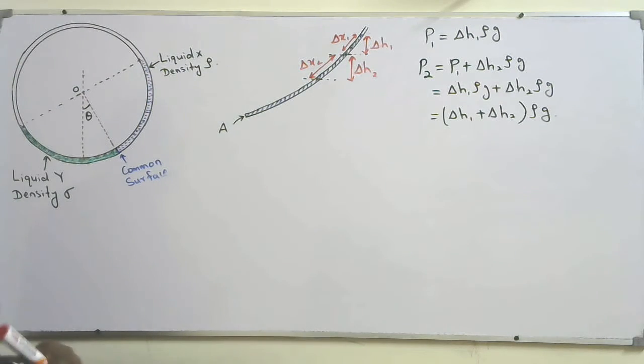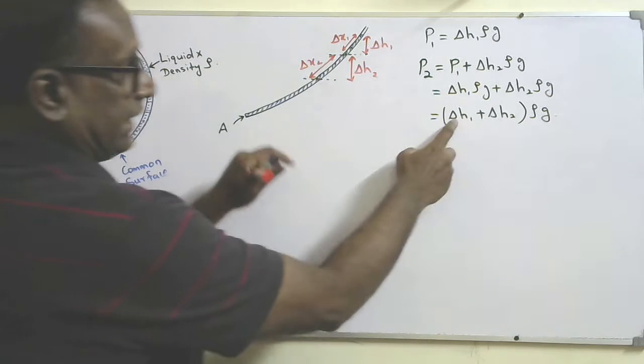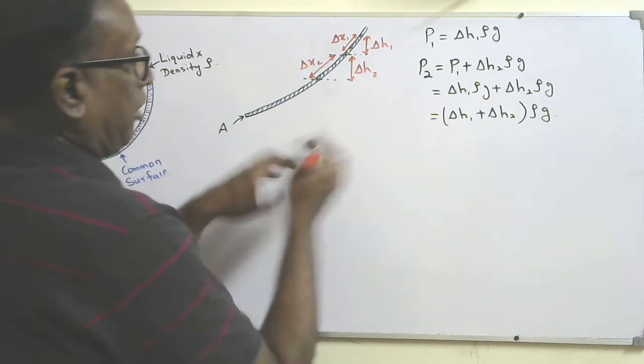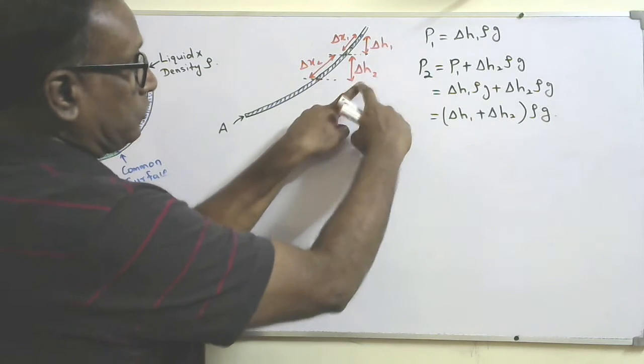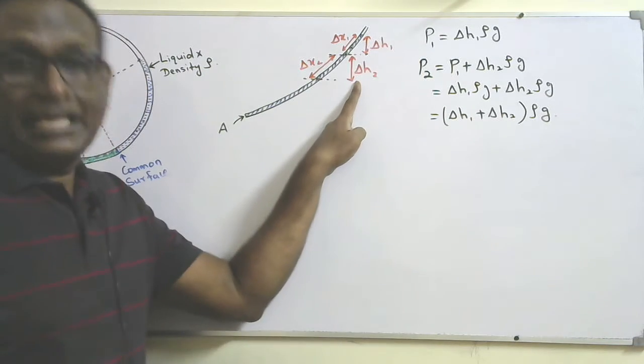Note down here, delta H1 plus delta H2 is the vertical height above this line up to the top surface of the liquid.